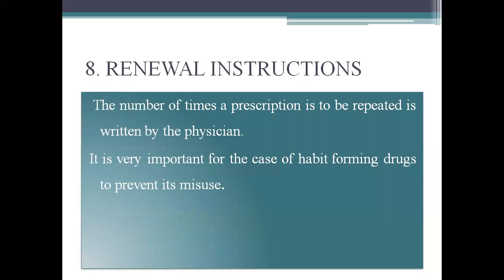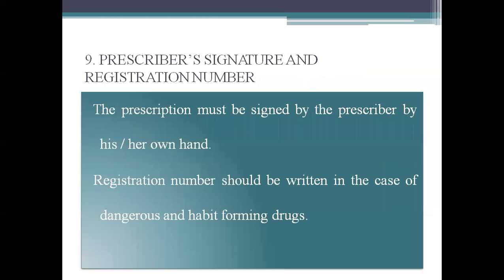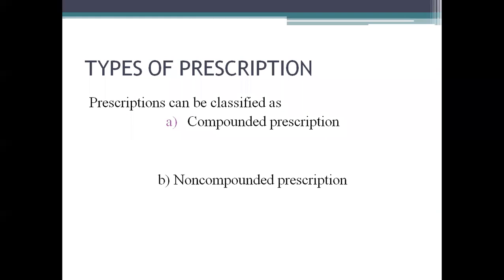In the habit forming drugs, to prevent the renewal, to prevent the misusing, these renewal instructions are written by the physicians in the prescriptions. Then the last part of this prescription is prescriber signature with his registration number for valid prescription, legal prescription. For that purpose, this is included in the parts of prescription.